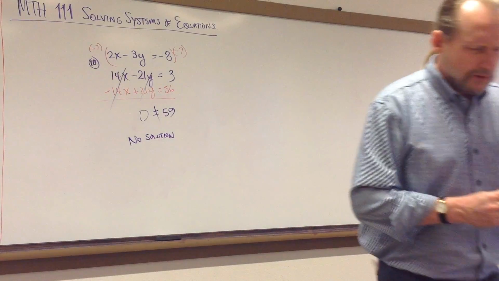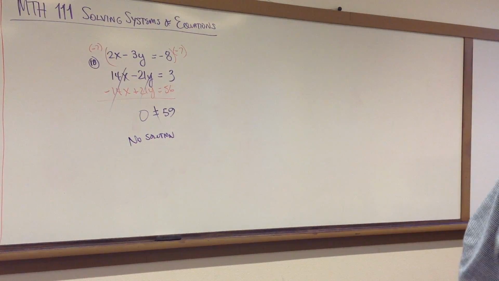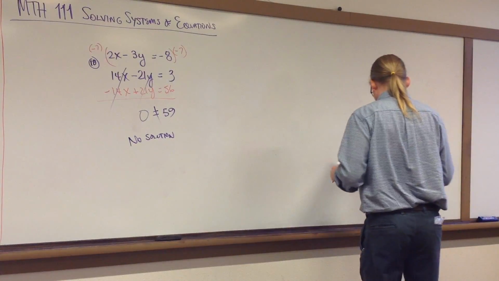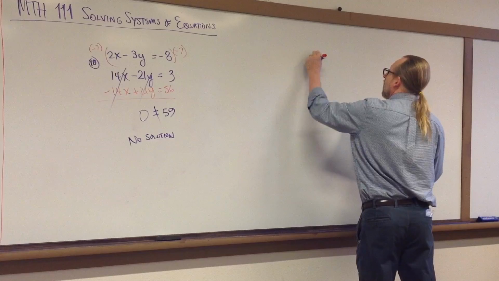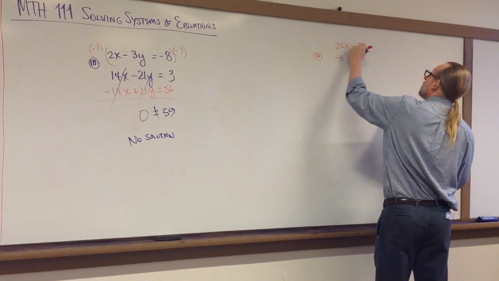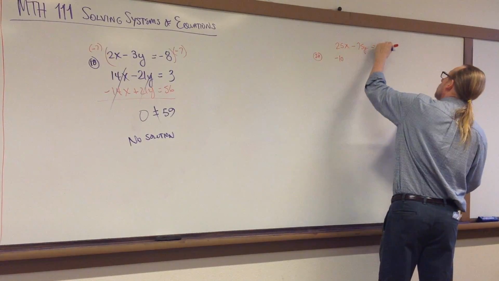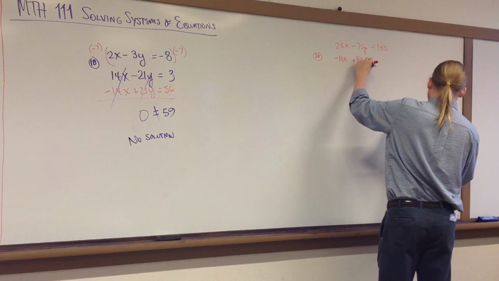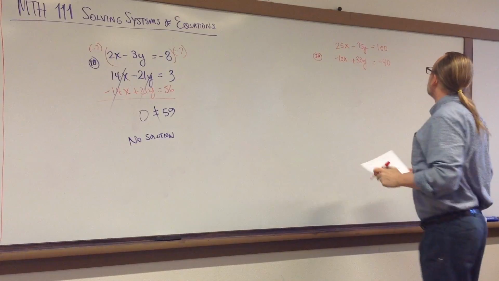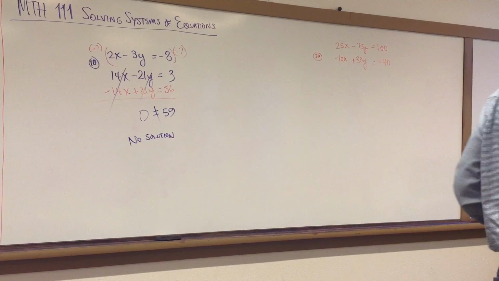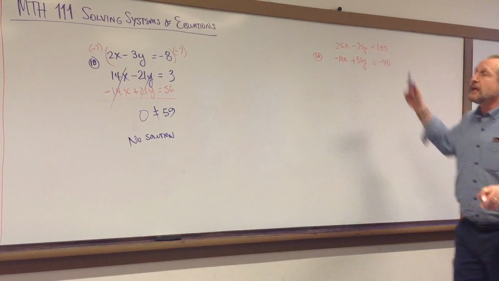Okay, let's look at problem 20. Negative 25x minus 75y is 100. Negative 10x plus 30y is negative 40. Well, I suppose we could do this by substitution. We could also do this by elimination.